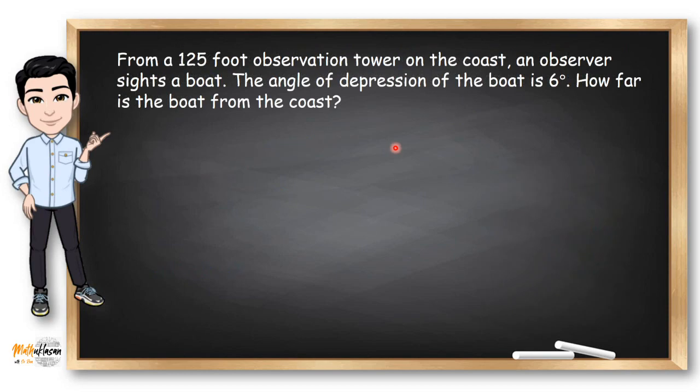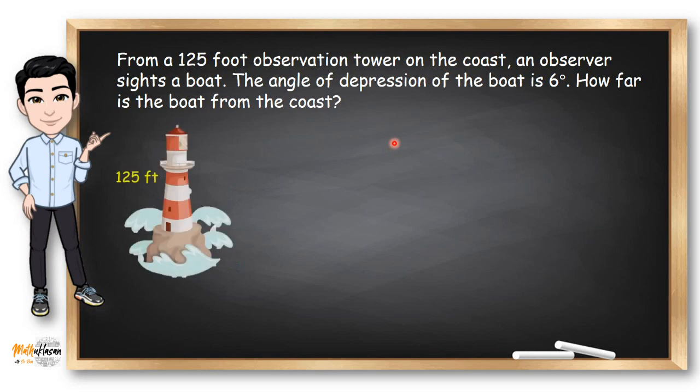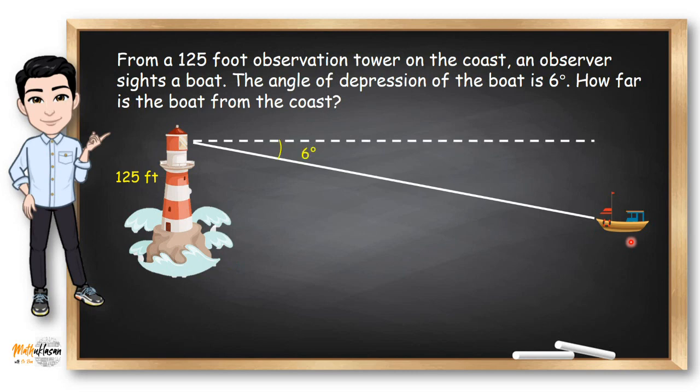Next, from a 125-foot observation tower on the coast, an observer sights a boat. The angle of depression of the boat is 6 degrees. Now, how far is the boat from the coast? Notice here that I place the angle of depression here.